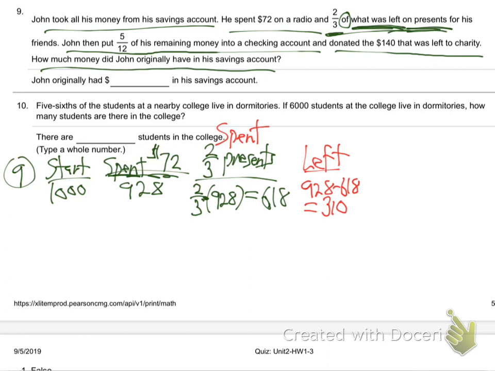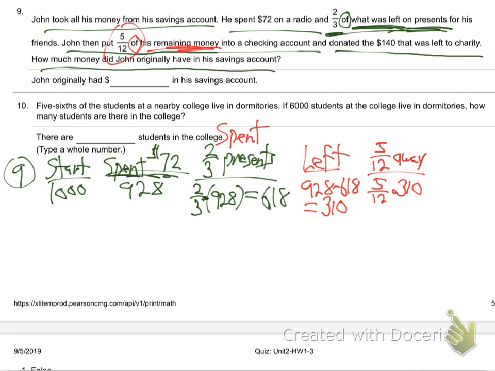And then what did he do next? He put 5/12 in a checking account. So I'm going to take 5/12 of his remaining money. 5/12 times the 310. So take your calculator, 5 divided by 12 times 310.